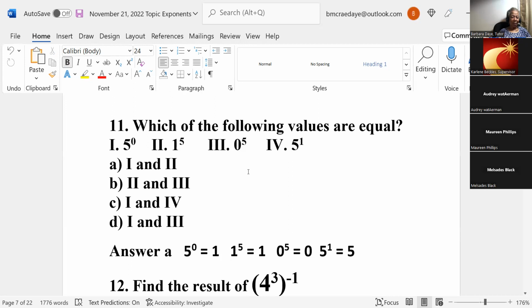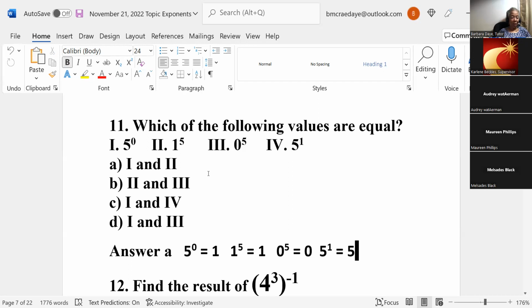She got them in Roman numerals instead of regular numbers like 1, 2, 3, 4, but the two figures at the top at A mean Roman numeral 1 and Roman numeral 2. So which values are equal? 1, which is 5 to the 0, and Roman numeral 2, 1 to the 5th. 1 and 2.